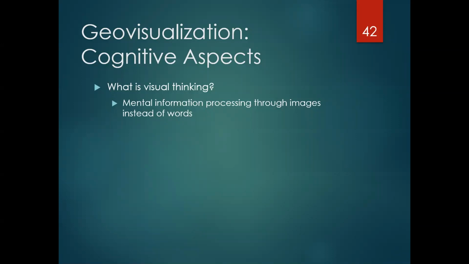Visual thinking is the mental information processing through images instead of words, which means that we need to be careful about what and how people perceive when they are looking at your geovisualizations.